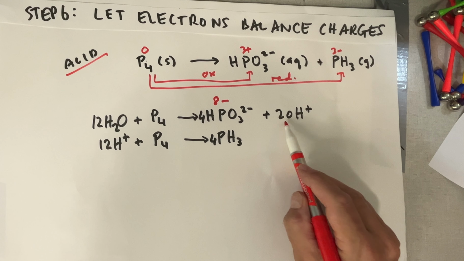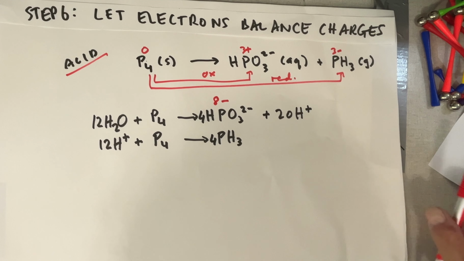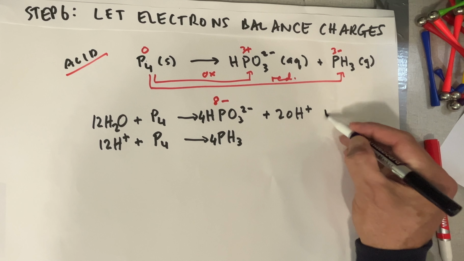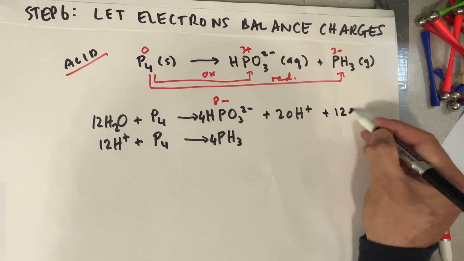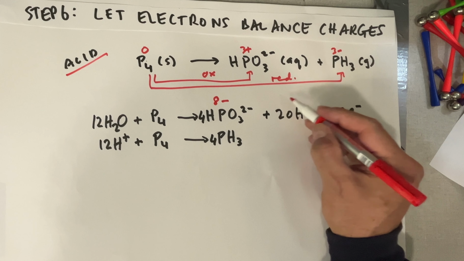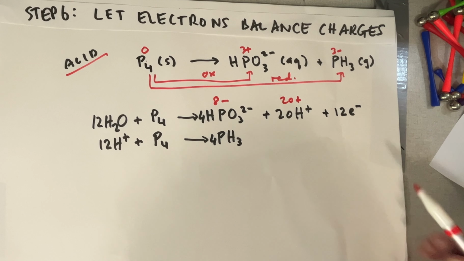And here you have a 20 plus. So the balance would be to add 12 electrons on that side, because here you have 20 plus. So that gives 12 electrons.